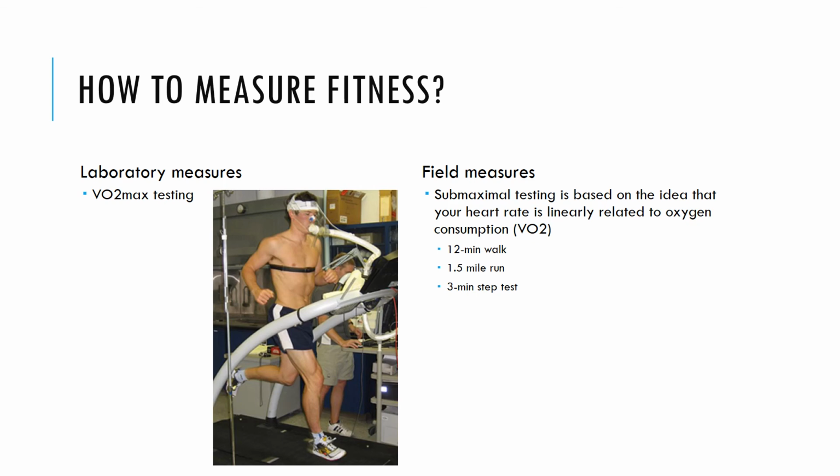The most popular are the 12-minute walk, where you walk as far as you can in 12 minutes. The 1.5-mile run, where you run 1.5 miles as fast as possible. And then a 3-minute step test, where you step up and down on a step of a known height at a set cadence for 3 minutes, and then measure your heart rate at the end of that. And again, all of these are based on this idea that your heart rate goes up more the harder you're working, essentially.